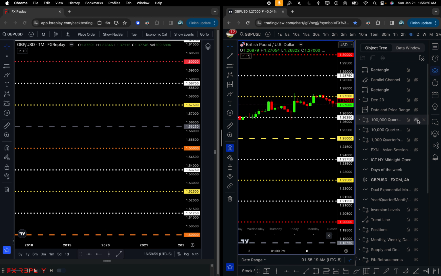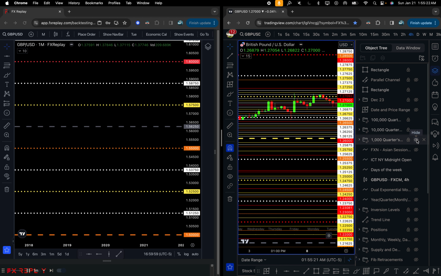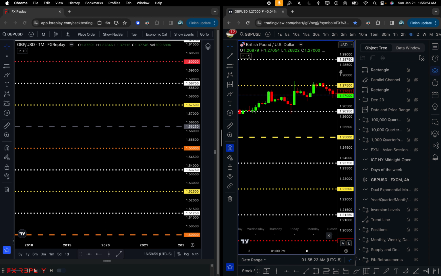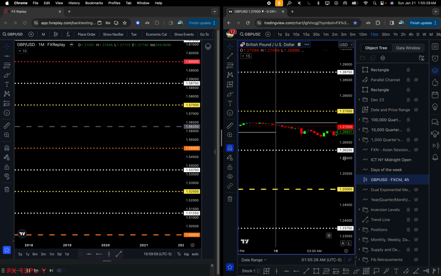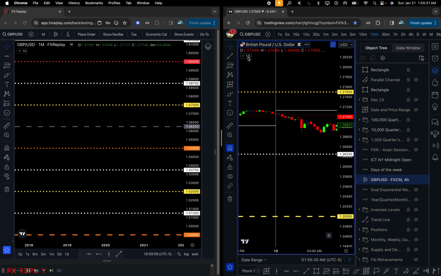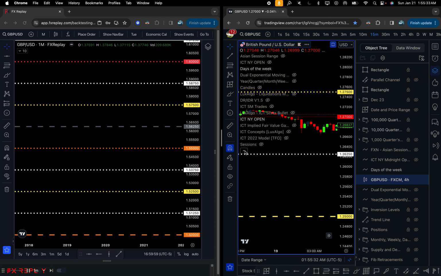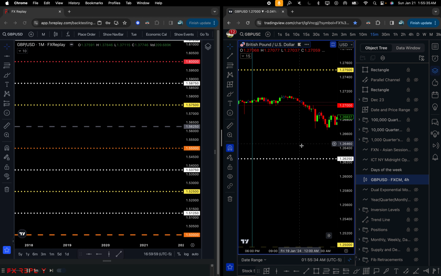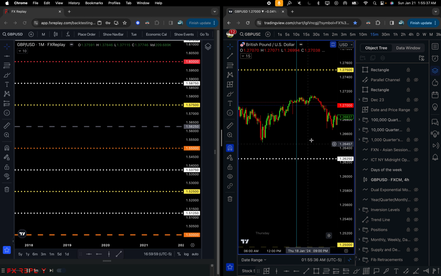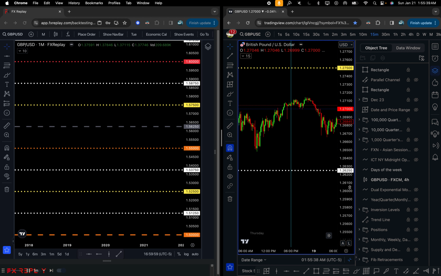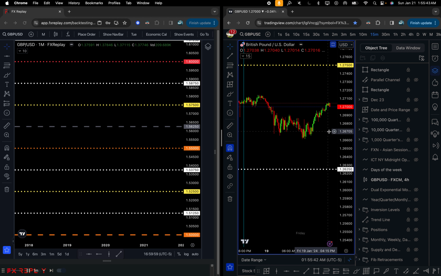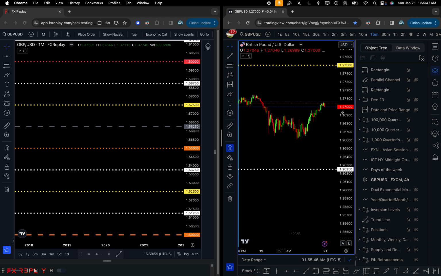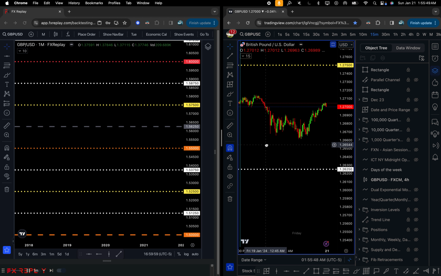Now, let me zoom in further here. Go to 15 just so it looks right. Take this off. So now we want to look further. We actually are right at the 1.27 level.